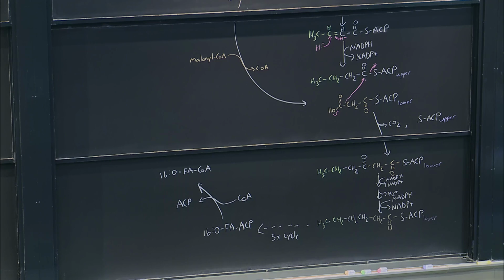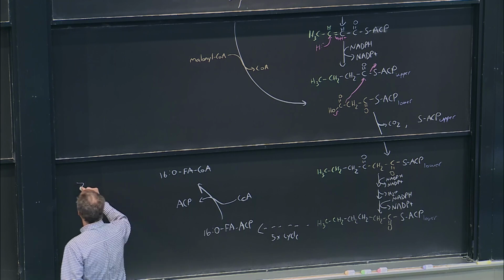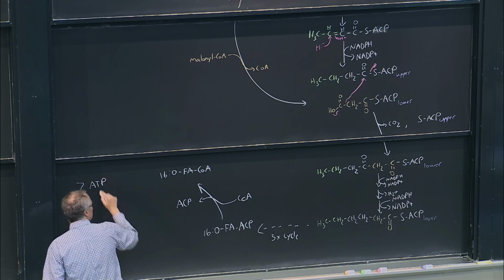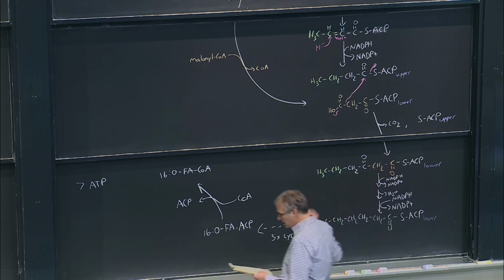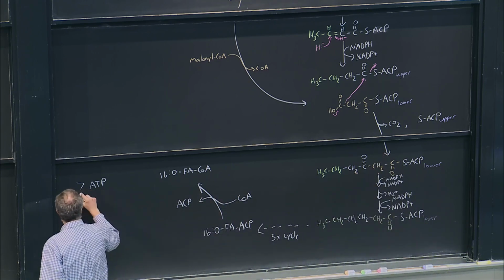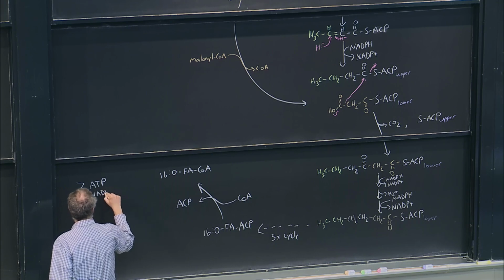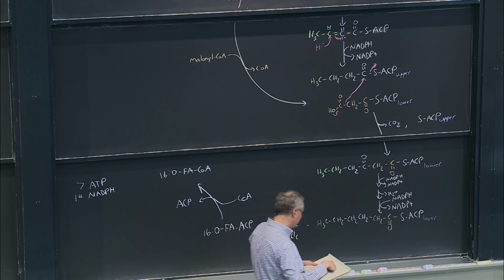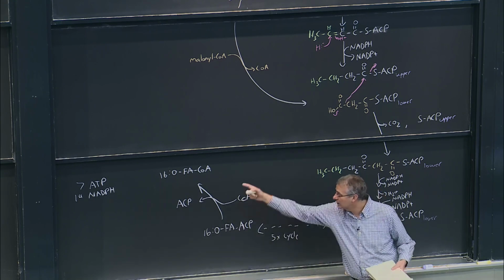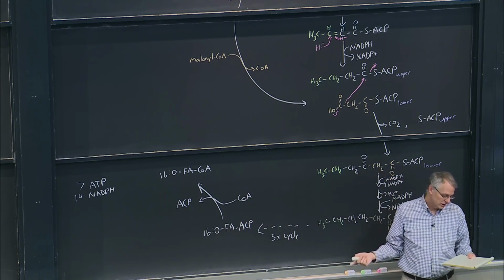And so 7 cycles were needed to generate this 16:0 fatty acyl-CoA. And so those 7 cycles cost 7 ATP molecules. I also needed 2 times 7, or 14, NADPH molecules. And that allowed me to run this cycle 7 times and make a fully reduced 16-carbon fatty acid.